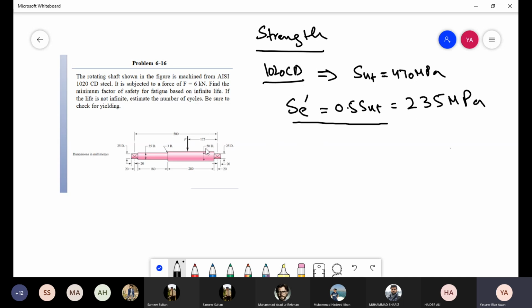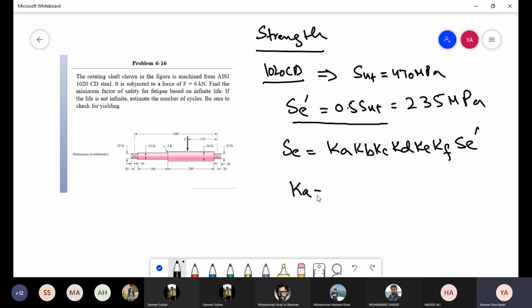Now we come to the actual part. The strength of this part would be Se, when we multiply it with these endurance limit modifying factors.